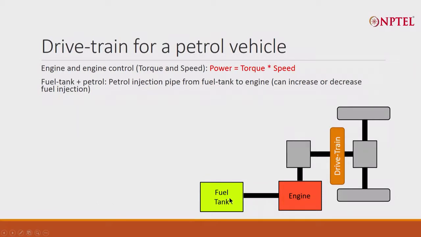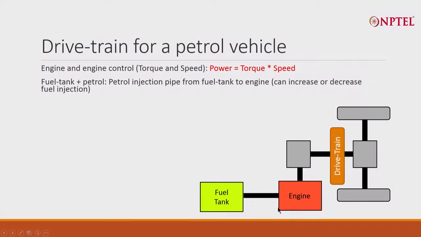And the engine will provide the power taking petrol from the fuel tank, petrol or diesel. And there is this petrol injection pipe from fuel tank to engine, and you can increase or decrease the amount of petrol that you take, and by increasing or decreasing the petrol you are able to change the speed and the torque. Of course, you'll have an accelerator which will say now I want to increase the speed, and it will start drawing more energy from the fuel tank.